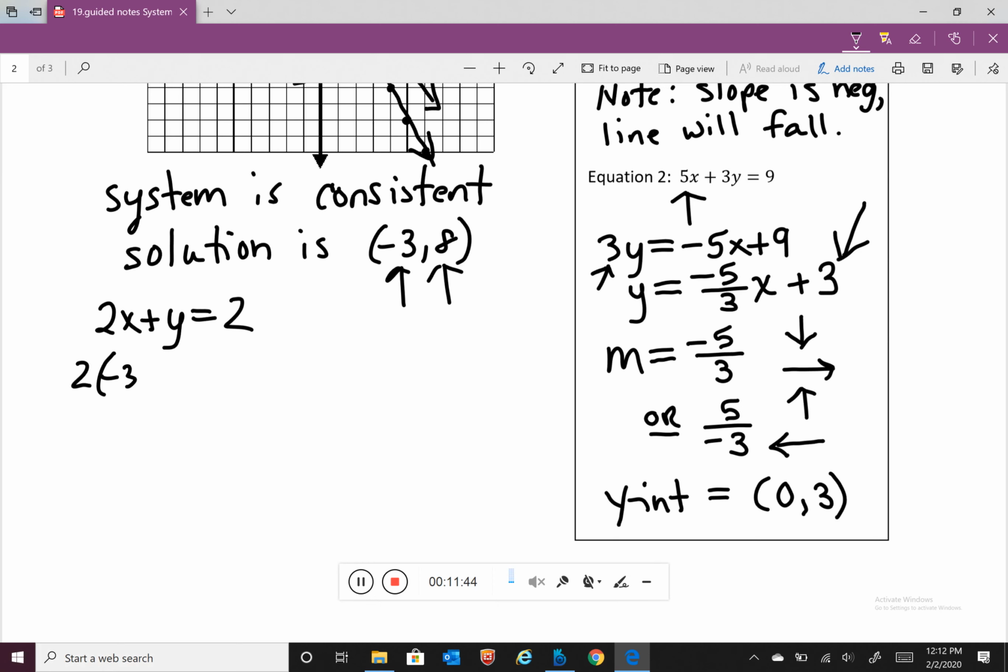So x of -3 and y of 8, which gives us -6 plus 8, which is 2, and -6 plus 8 is indeed 2, which says the point that we believe is our solution is a point in the first line, but that's not good enough. We need to make sure it's a point of the second line as well.